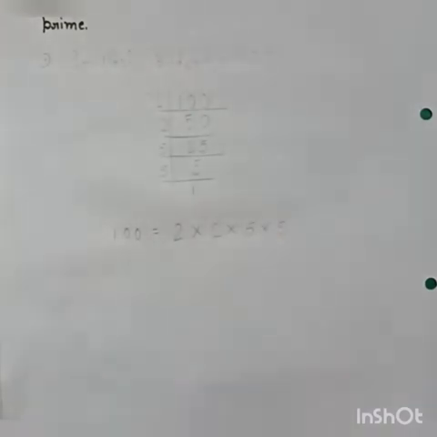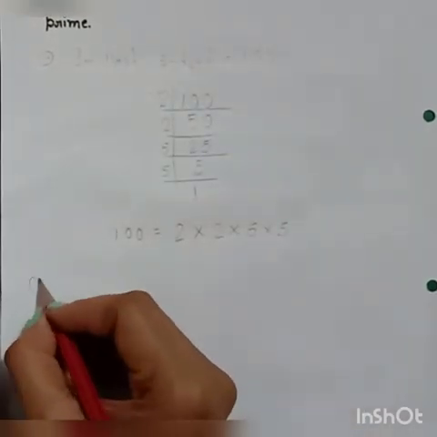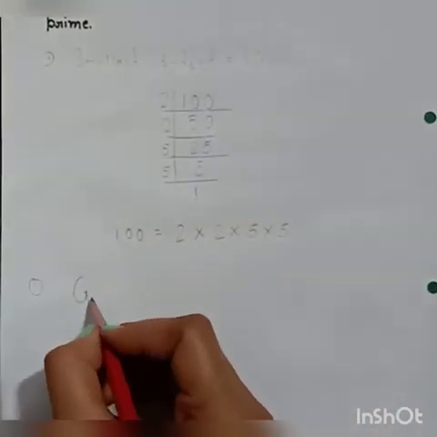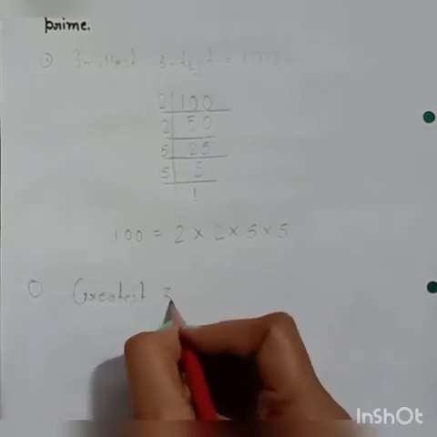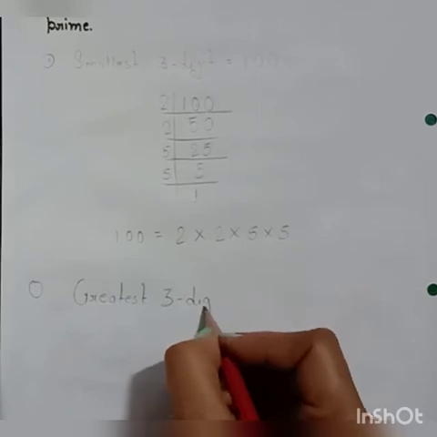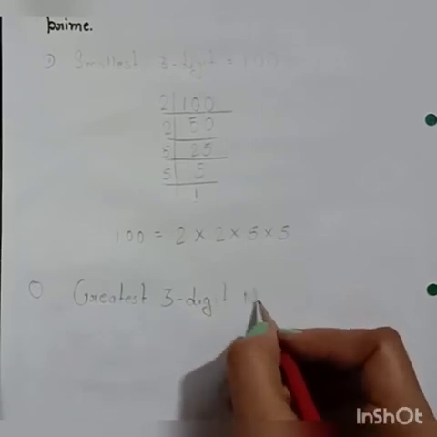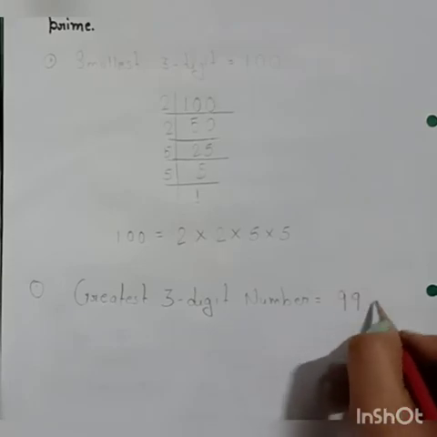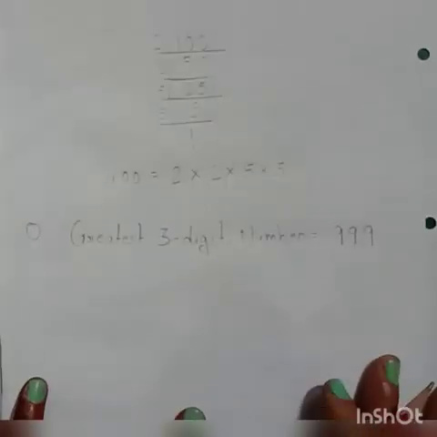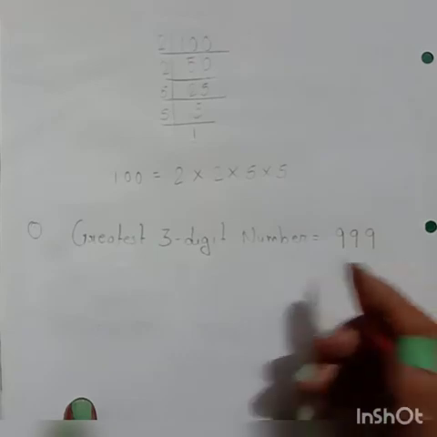Now we are going to do the greatest 3-digit number. What is your greatest 3-digit number? It is 999. Now we are going to do the prime factorization of this.